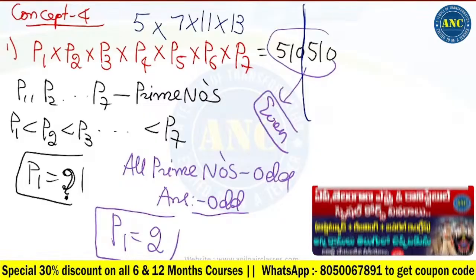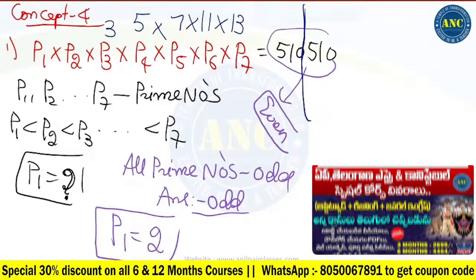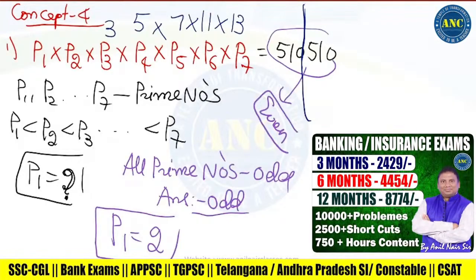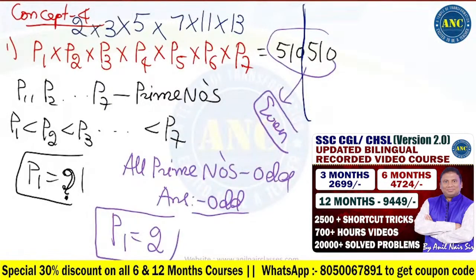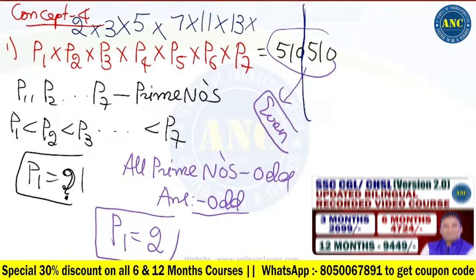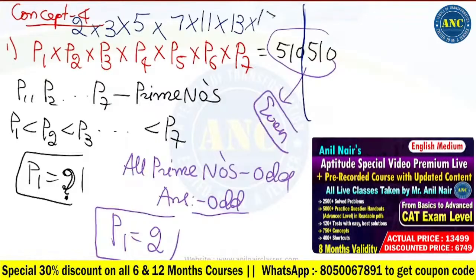Sum of the digits 6 plus 6, 12, it is divisible by 3. Next, it is also divisible by 2. 2 into 3. Now among these 7 prime numbers, after 13, what is the next prime number? 17. 17, 30s are 510.